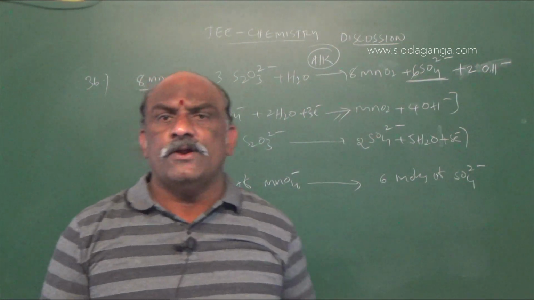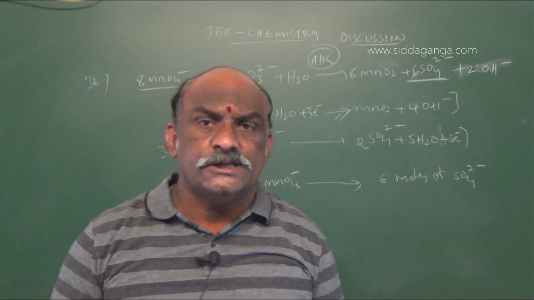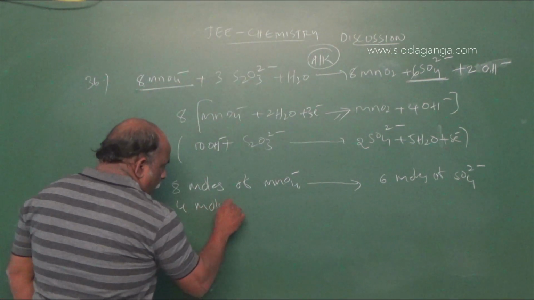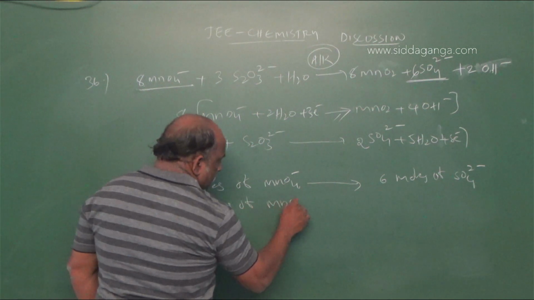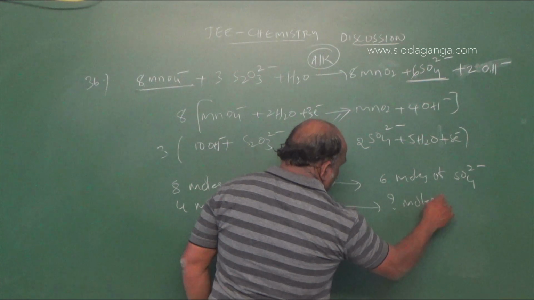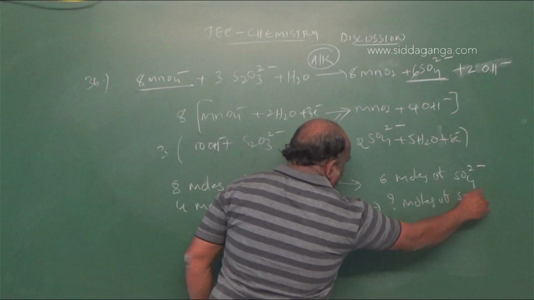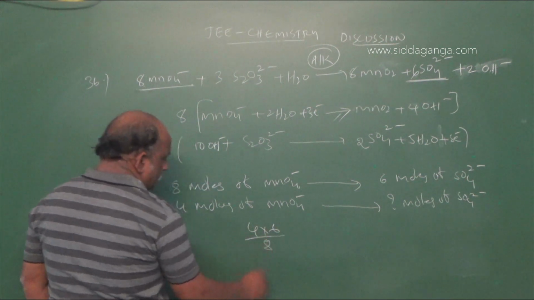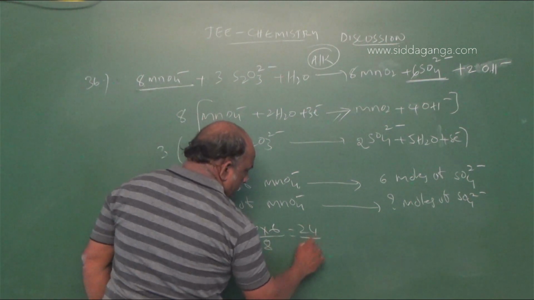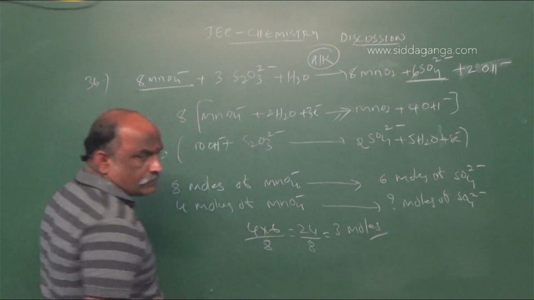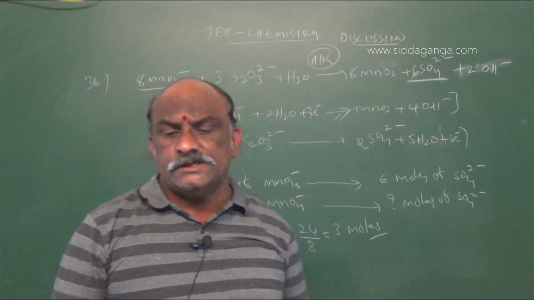For the question, 4 moles of MnO4 minus produce how many moles of sulfate? 4 into 6 divided by 8, 24 by 8, the answer is 3 moles. So this is a very important question, my dear students.